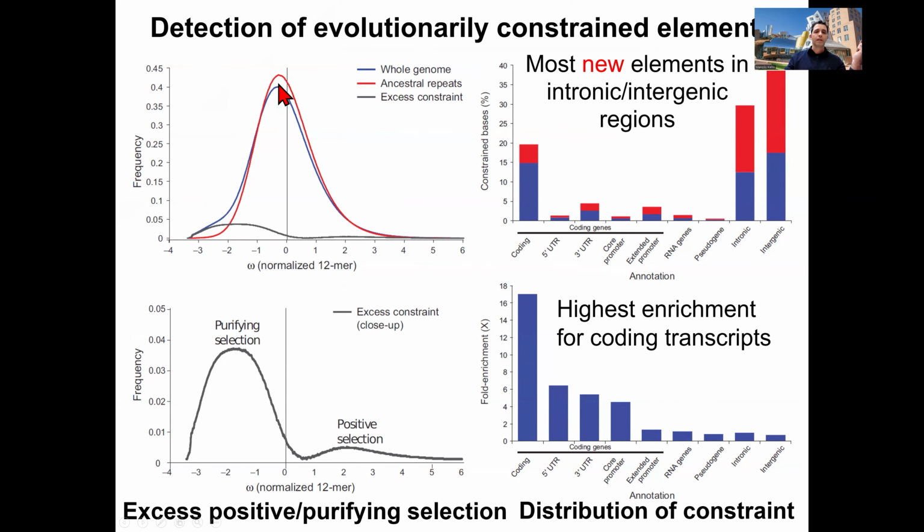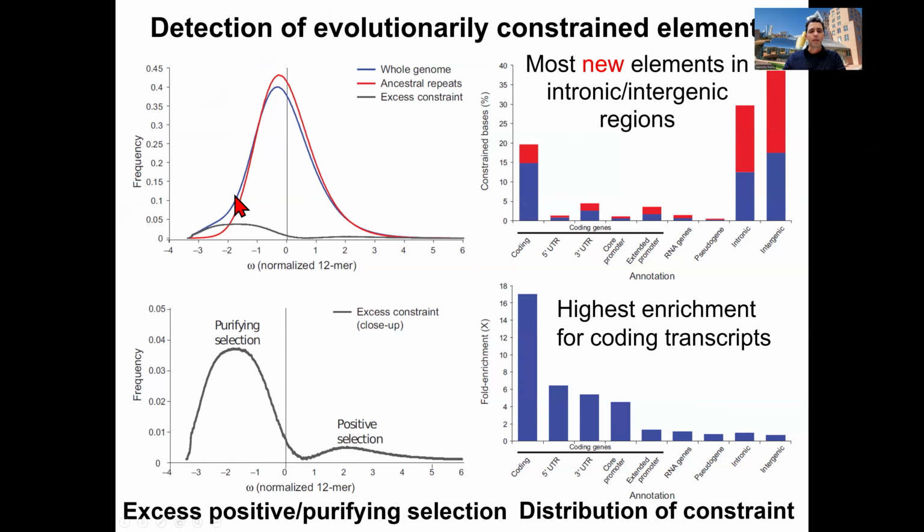And what you see here is that if ancestral repeat elements that we can hypothesize might not be under constraint, these are just ancient repeats that are still sticking around and mutating roughly neutrally, I can compare that with the distribution that I get for the entire genome. And what do I see? I see that the blue curve has a longer tail towards slower mutation. Everybody with me here?